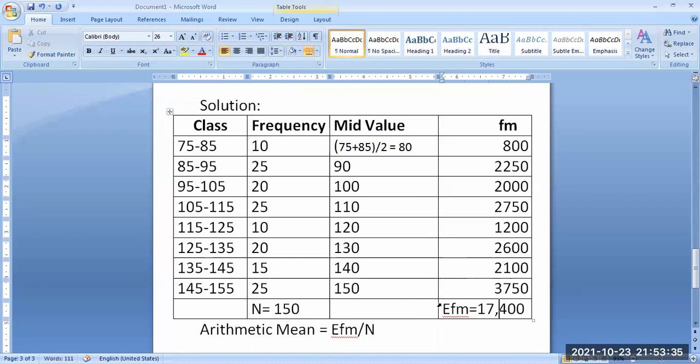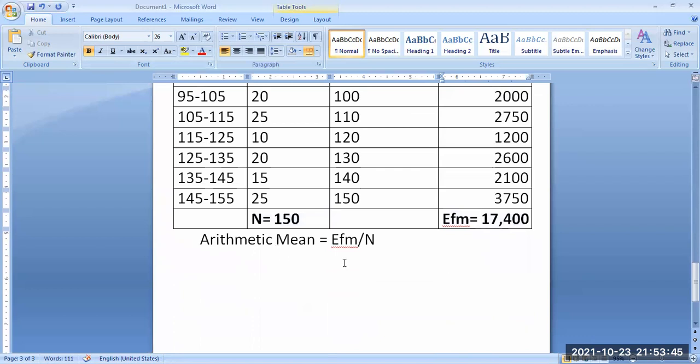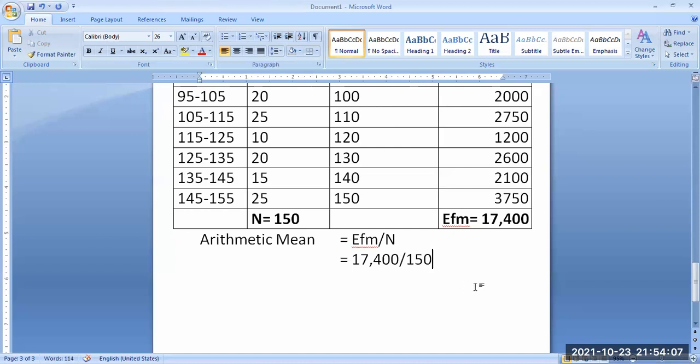You please cross check once. Is it correct? You please cross check these values once. Therefore, sigma Fm is equal to 17,400, by n is equal to 150. Now you calculate 17,400 divided by 150.